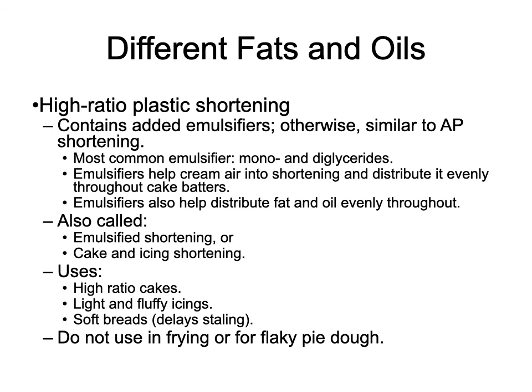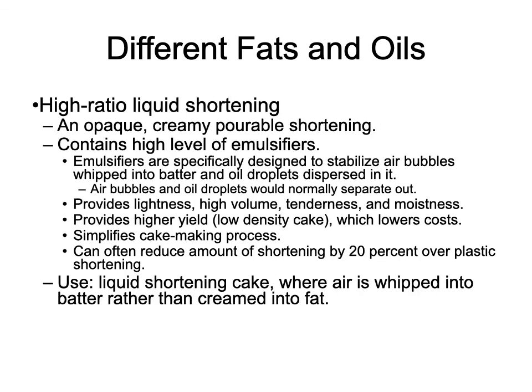When you have typical, let's say Duncan Hines, buttercream or icing, frosting that you find in the supermarket, mostly it's made with this kind of shortening, that high ratio plastic shortening that is higher in mono and diglycerides, but also more hydrogenated than average shortening. And then there's high ratio liquid shortening.